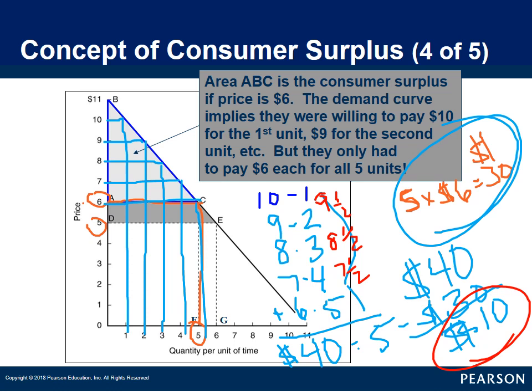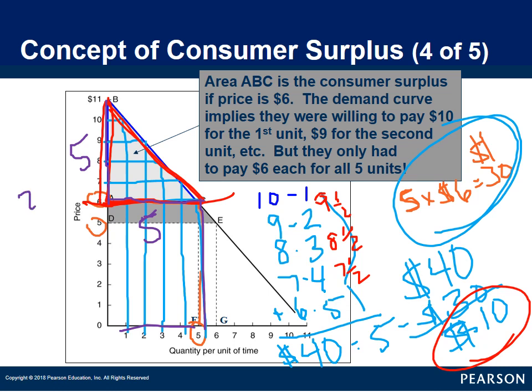So the best way to find the true consumer surplus is to figure out the area under the demand curve above the price point. In this case, for the area above that, we just need to take the base times the height divided by 2. Going across, our base is 1, 2, 3, 4, 5, 5 across, and 1, 2, 3, 4, 5 up top.